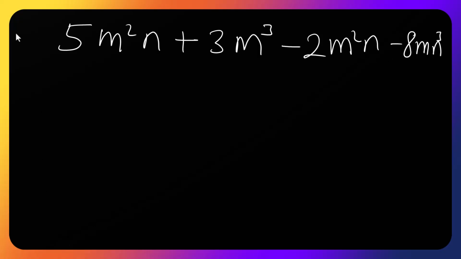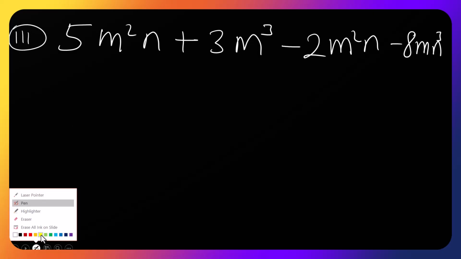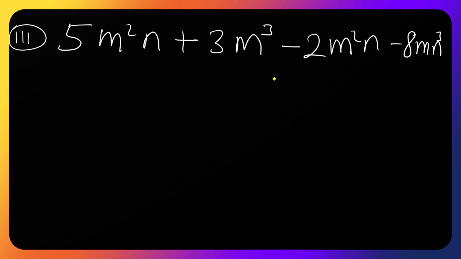That will be the third one. To put them together, you have to be very careful. Make sure you group them. Now we have m squared n, m squared n. So this one belongs to the same class.